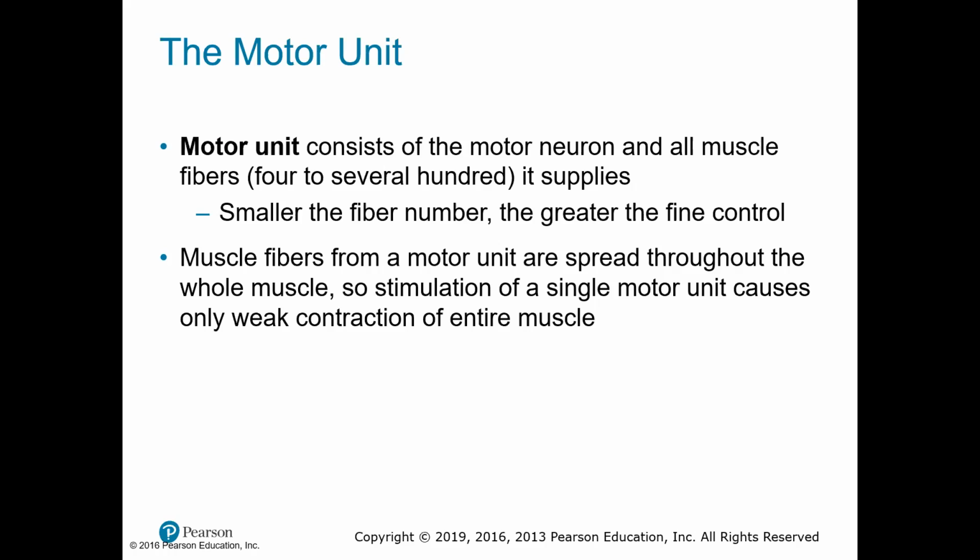We're going to have very few cells per motor unit. So the fewer the muscle cells in the motor unit, the more precise we can be, the greater the fine control. So that's what the motor unit does for us.